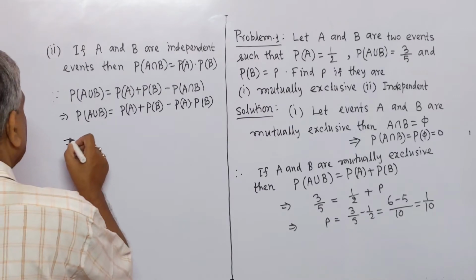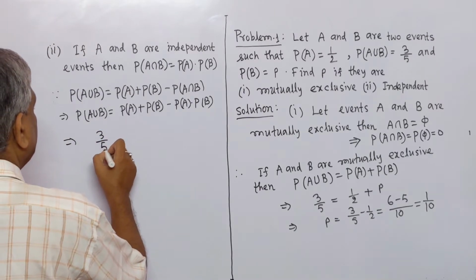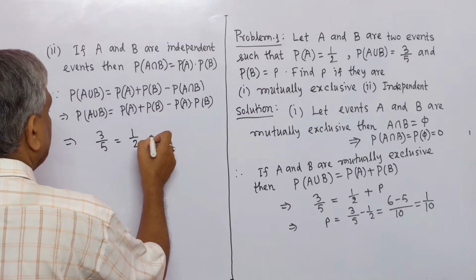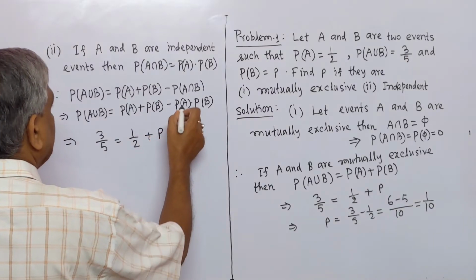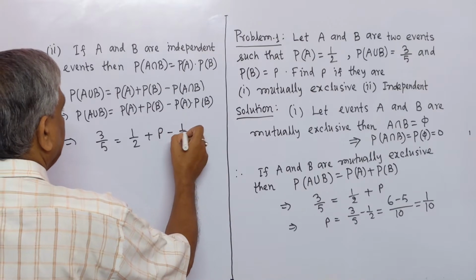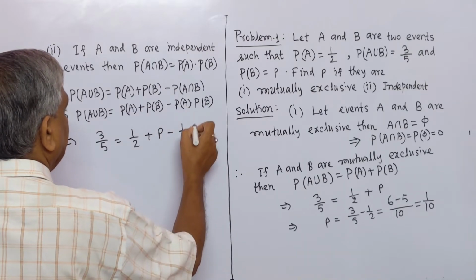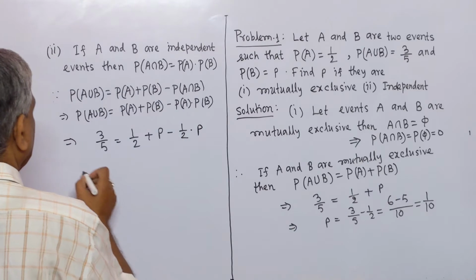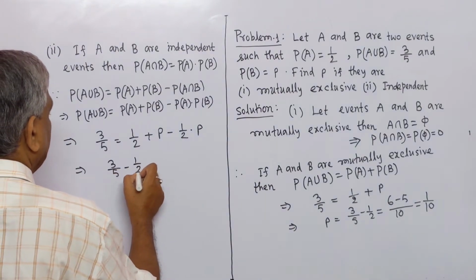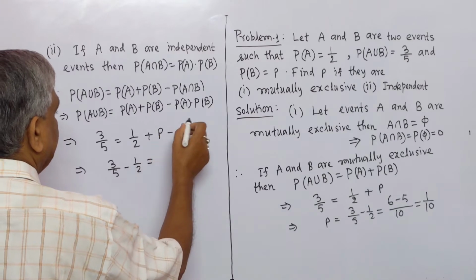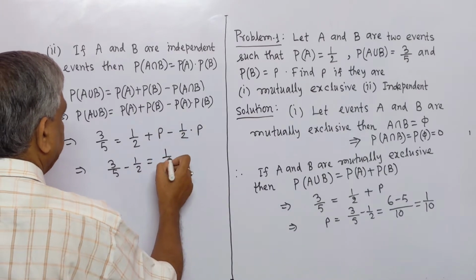This implies that this is 3 by 5, this is half, this is small p, minus P(A) is half and P(B) is small p. This implies that 3 by 5 minus half equals p minus half p, means half p.